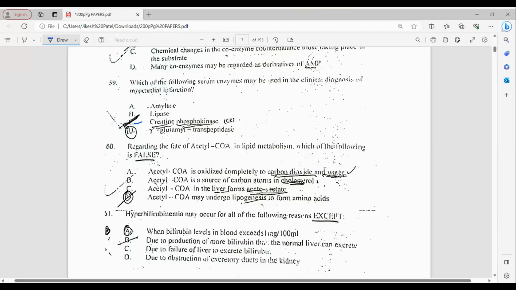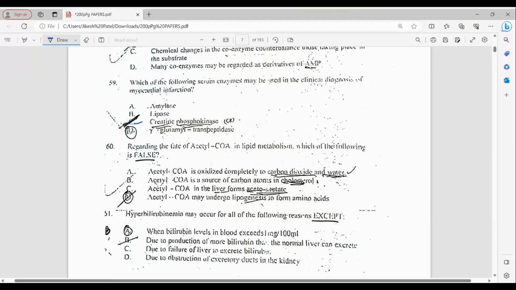Then, hyperbilirubinemia may occur for all the following reasons, except which one? When bilirubin levels exceed the limit. Due to production of more bilirubin than the normal liver can excrete, due to failure of the liver to excrete bilirubin, or due to obstruction of excretory ducts in the kidney.